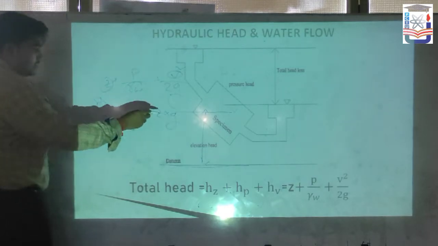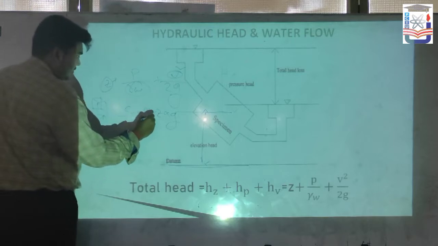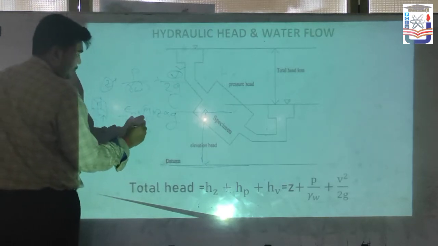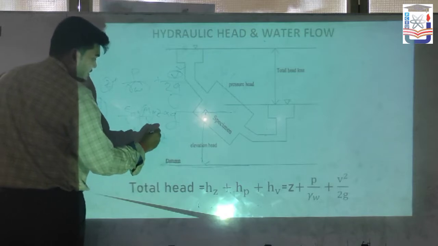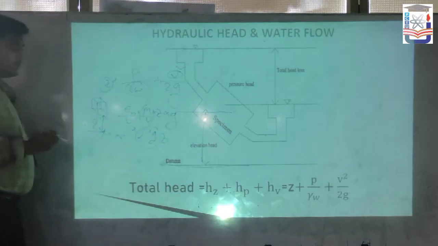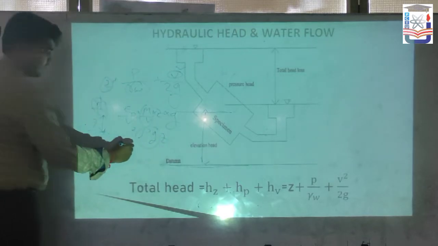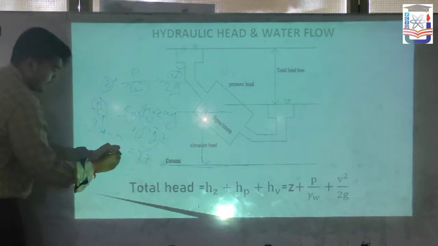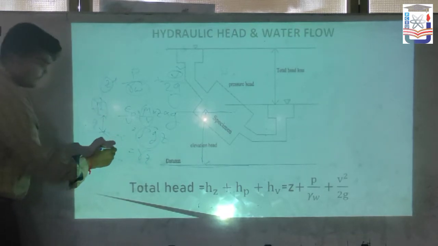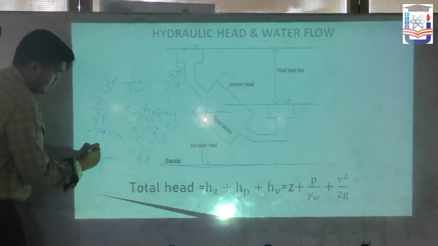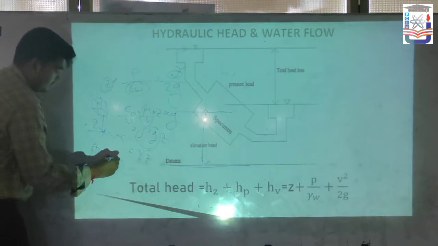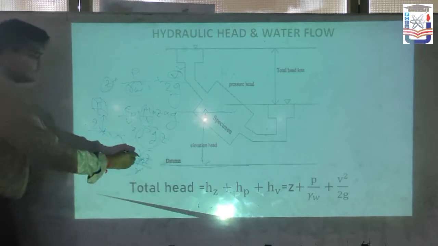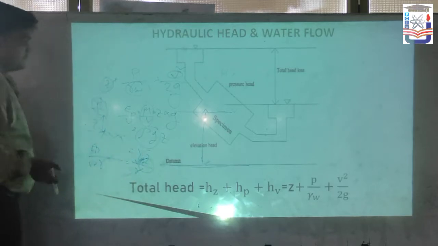Then we divide both sides by the volume V, so M by V is the density, rho times g times Z. Rho g means the unit weight, that is gamma times Z. Then we again divide by rho g, and we can easily find the elevation head.